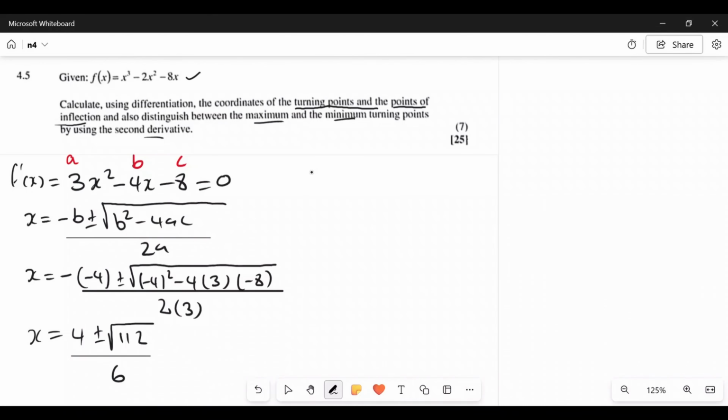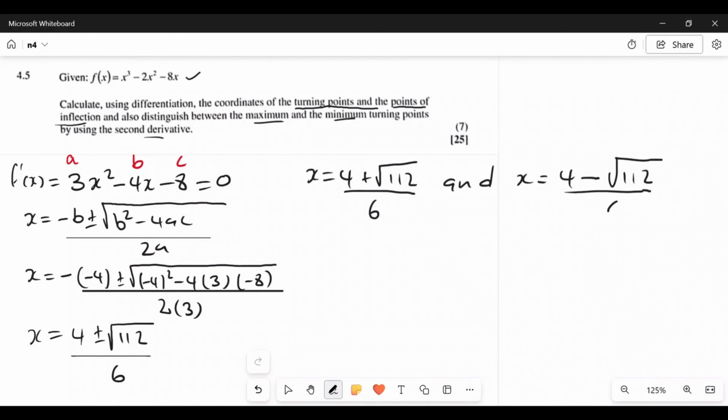We can write it like this: x is equal to 4, and remember, we have plus or minus there. We can start by saying plus, and then we have the root of 112 divided by 6. And x is equal to 4 minus, instead of positive this time around, the square root of 112 divided by 6.